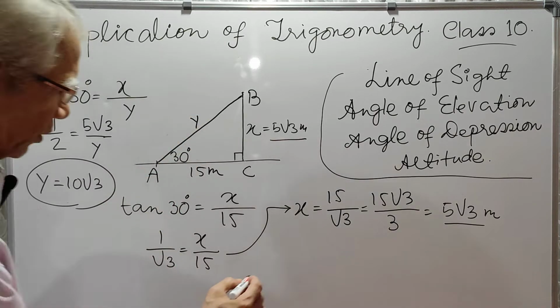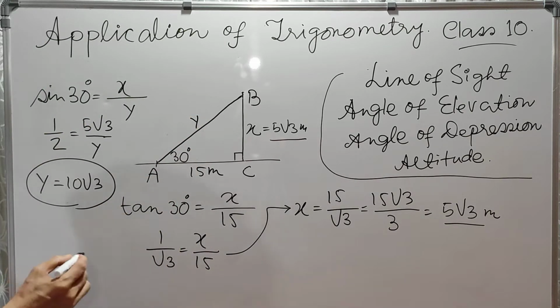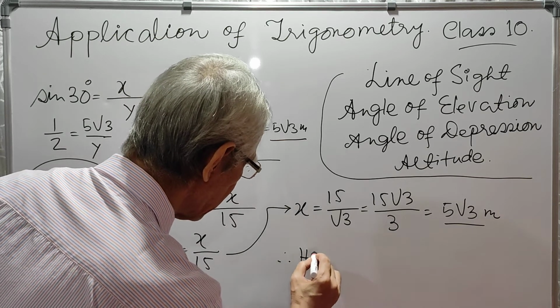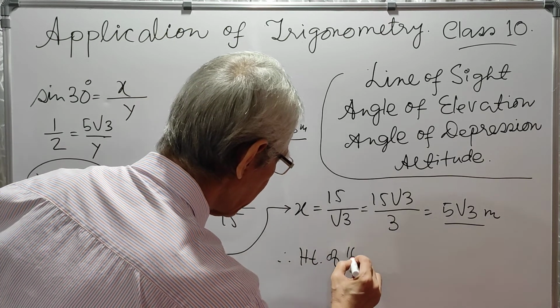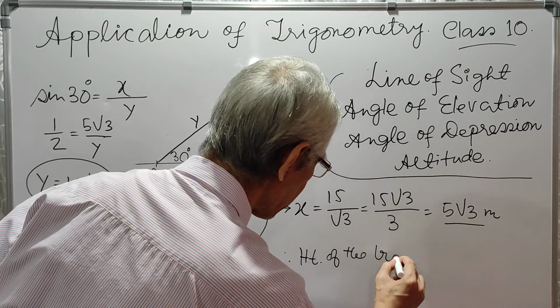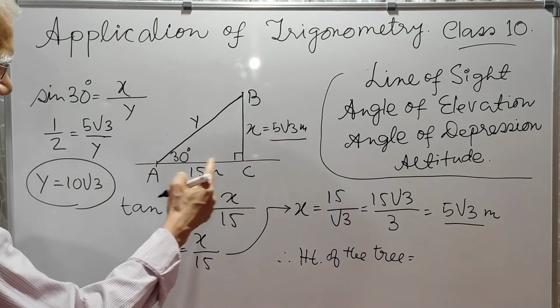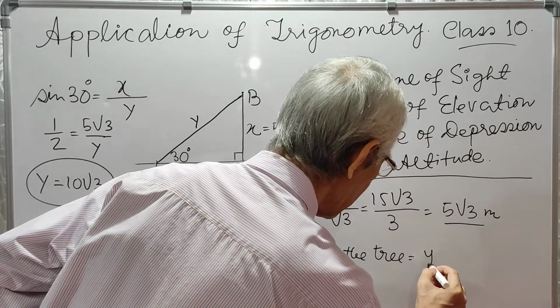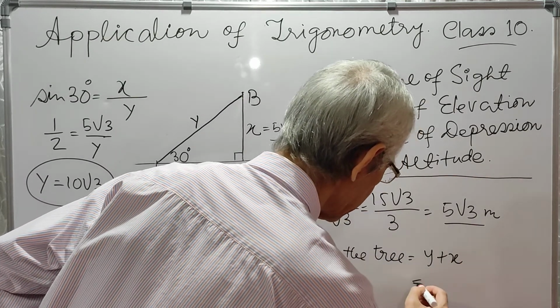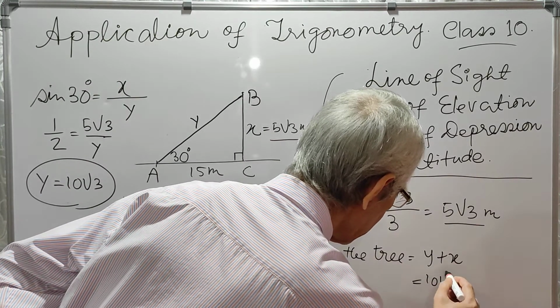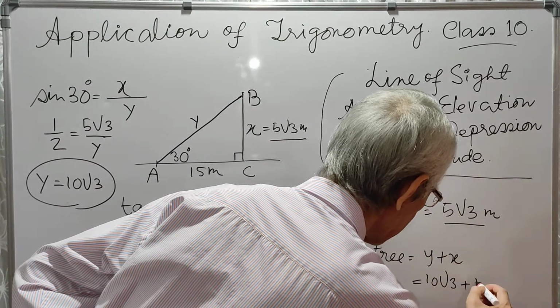Therefore height of the tree. So let me write here. Therefore the height of the tree which you have to find out is equal to what? Y plus X. Y is 10 root 3, so 10 root 3 plus 5 root 3.